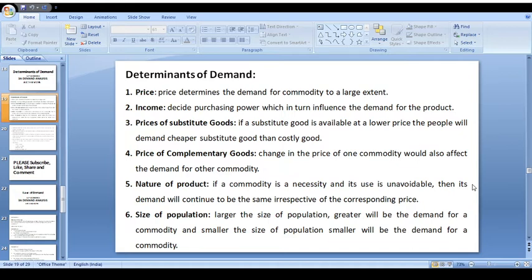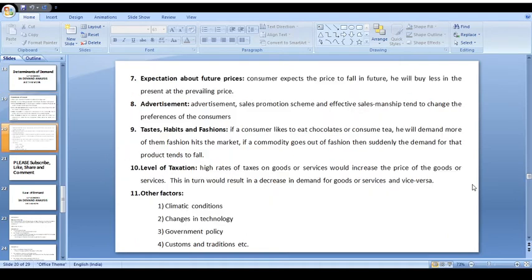Next, expectations about future prices. If the consumer expects the price to fall in future, he will buy less in the present at the prevailing price.